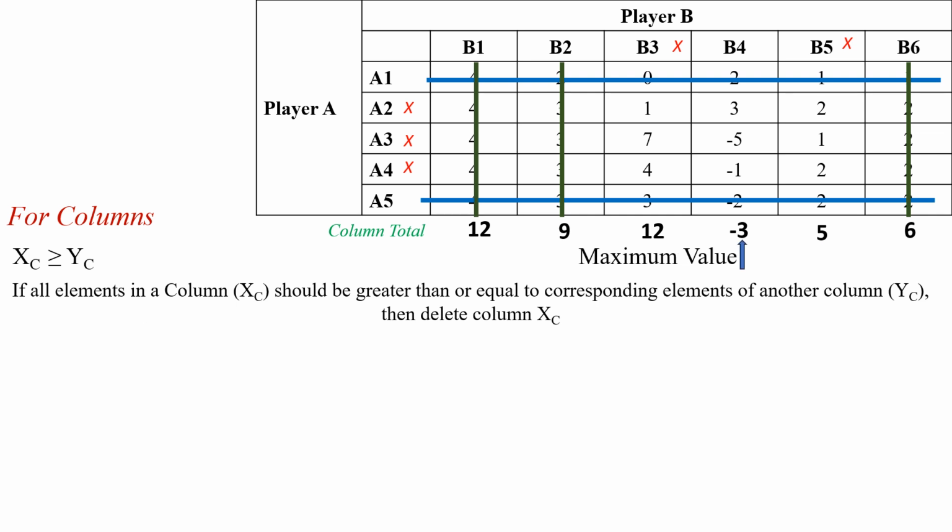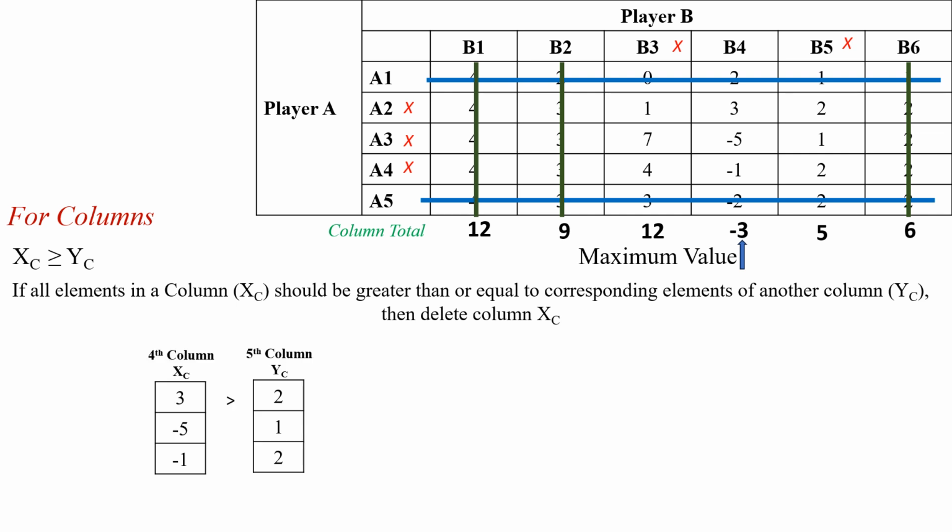So we can't apply the dominance rule for the fifth column. So then we have to skip this fifth column. Next we have to apply the dominance rule for the fourth column and compare the fourth column elements with the fifth column and the third column. So first compare the fourth column elements with the fifth column. So here 3 is greater than the 2 but minus 5 is not greater than and not equal to the 1.